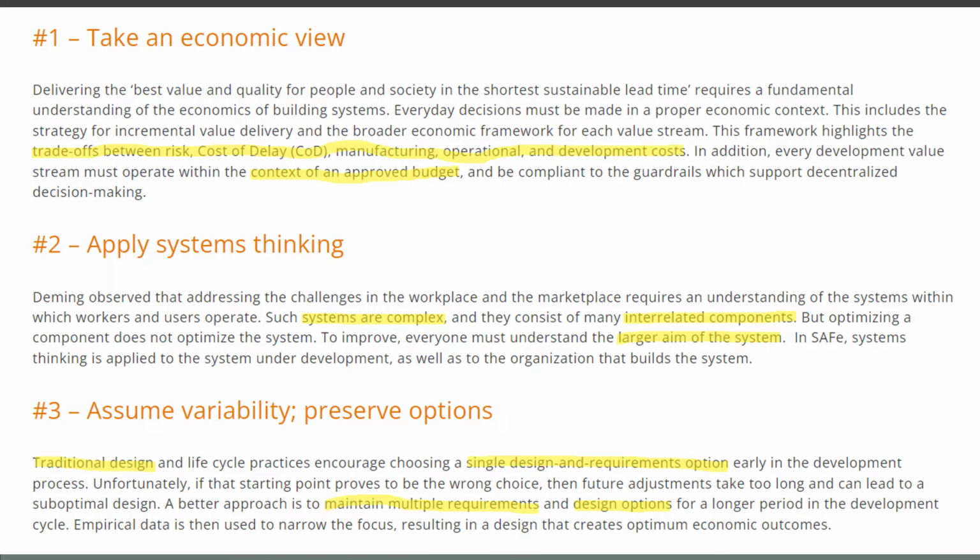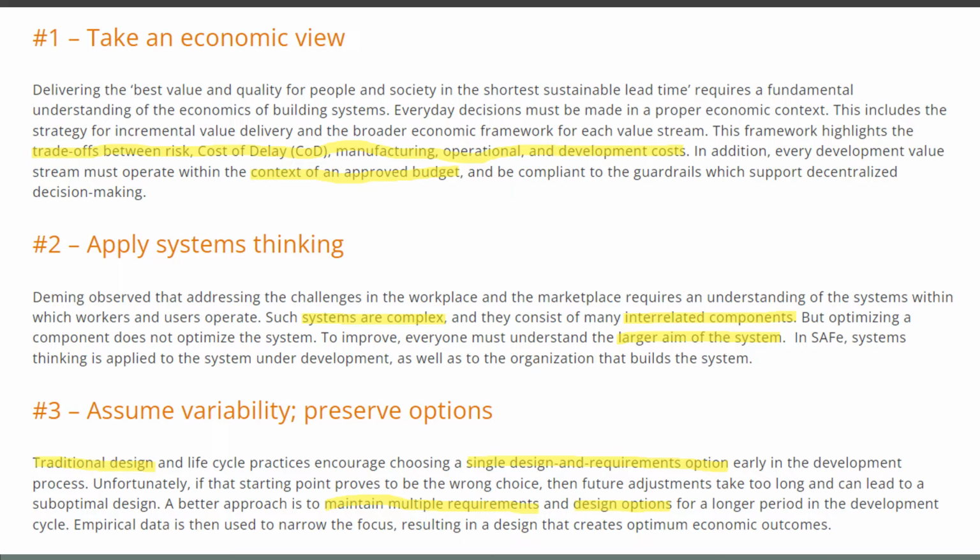So what is a better approach in the agile world is to maintain multiple options and multiple requirements for the designs. Keep those design options open for quite a bit of time during your product development. Then finally you can narrow the focus, resulting in a design that creates optimal economic outcomes.